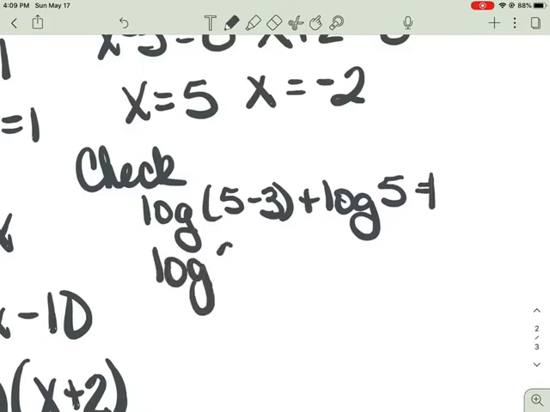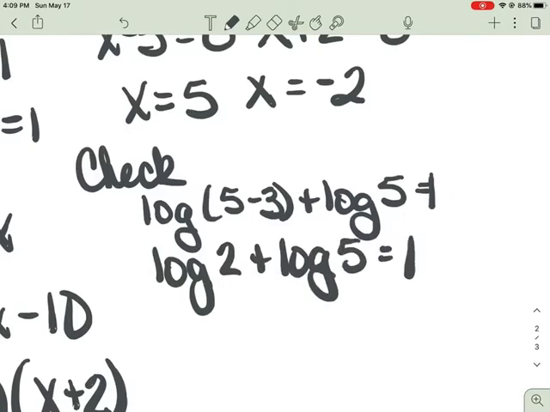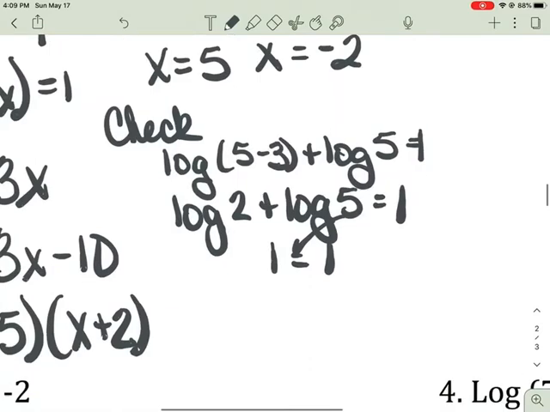So log 2 plus log 5 is equal to 1, and I can just use my calculator if I wanted to. And we do get 1. So 5 works. We're good to go.